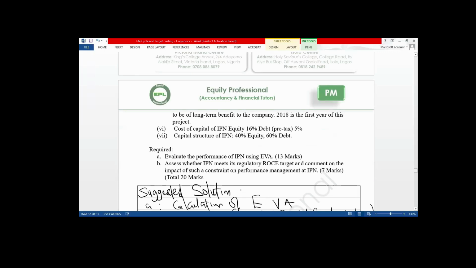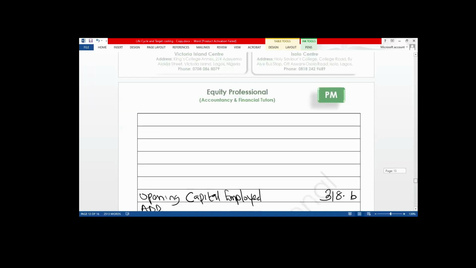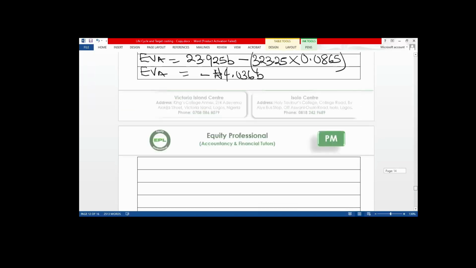So we want to compute regulated return on capital employed. That is based on regulated services.